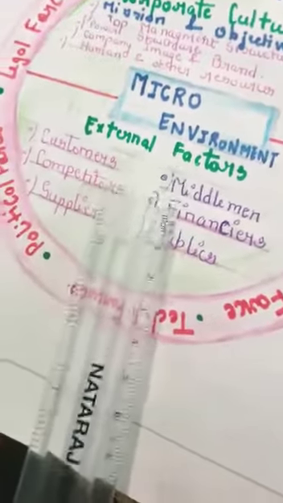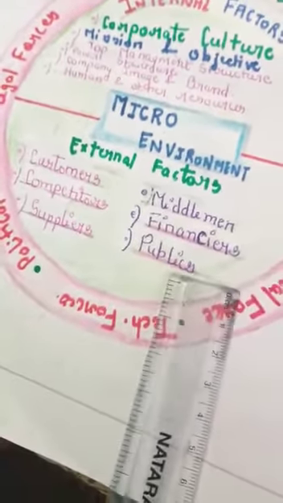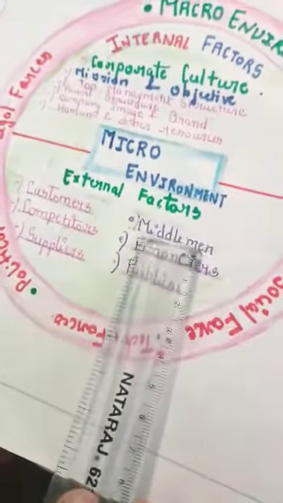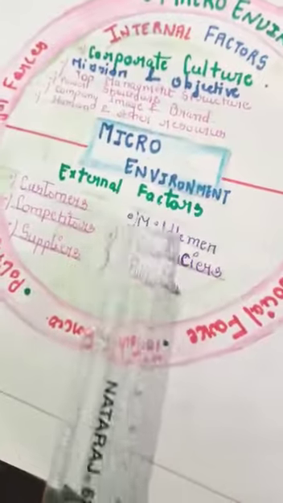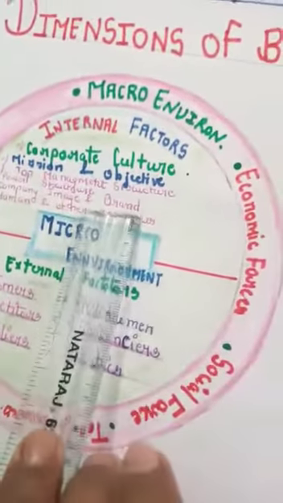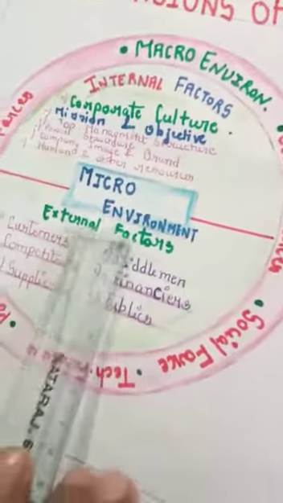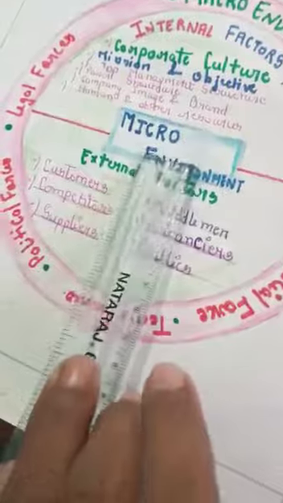And these external factors include customers, competitors, suppliers, middlemen, financiers and public. They all play a very important role in the functioning of an organization. Now, macro environment we will discuss later on in detail. First of all, let us move to the micro environment and its internal and external factors.